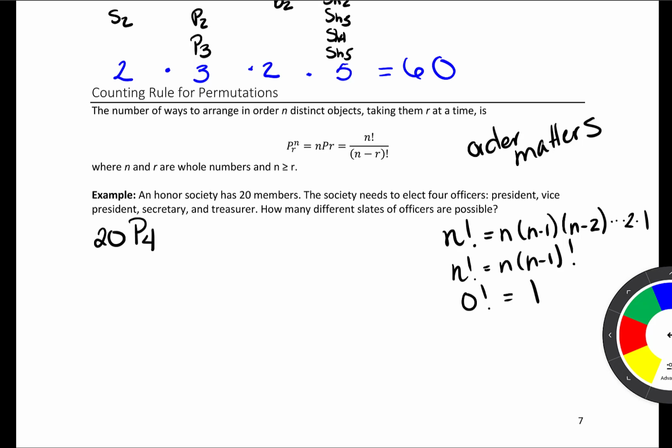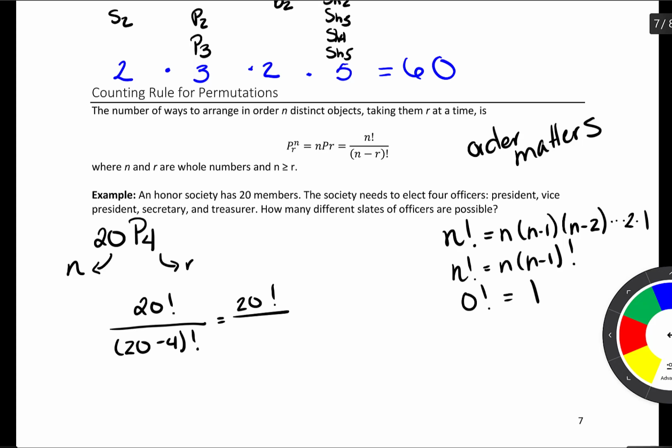So to find this, we can use our formula we have up here. Notice that the 20 is the n and the 4 is the r. So we have 20 factorial divided by 20 minus 4 factorial, which is equal to 20 factorial divided by 16 factorial.